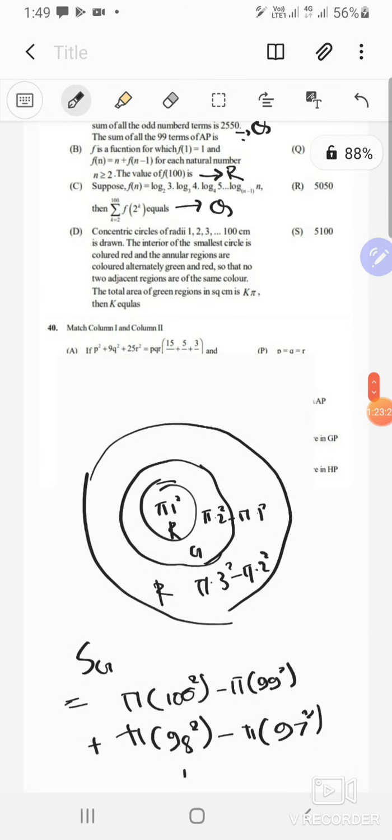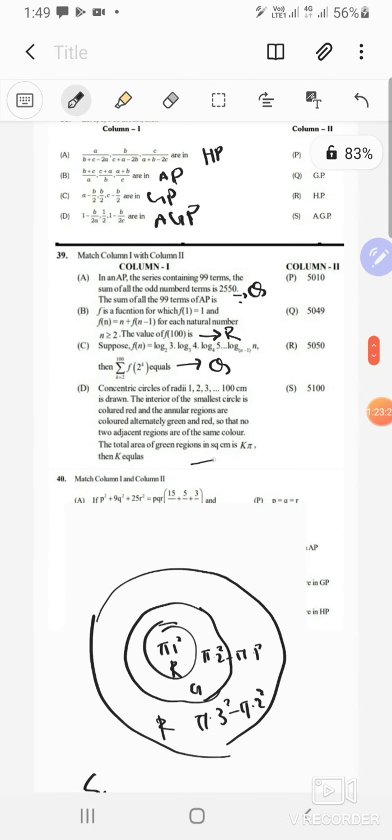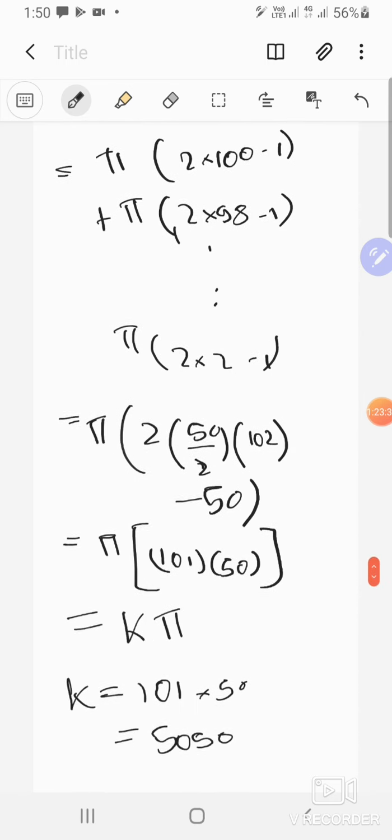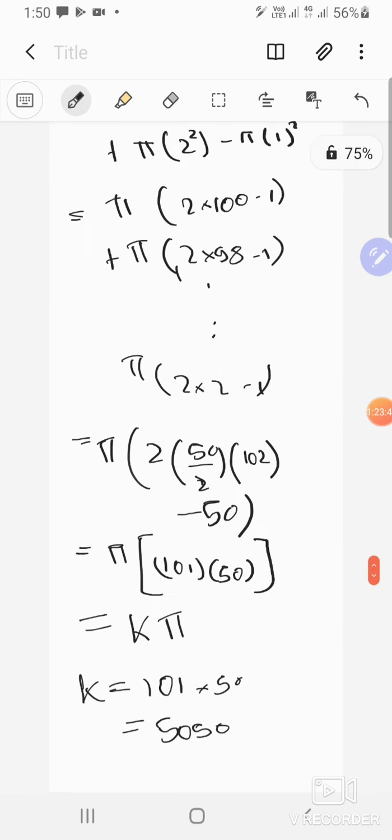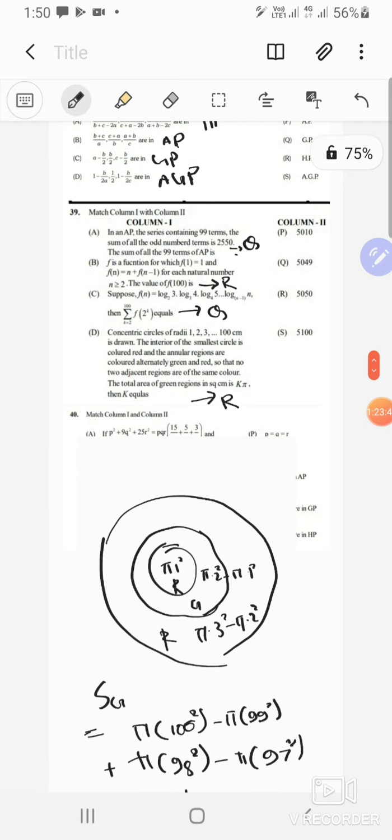So we got 5050 as the answer. But why is it like that? There has to be some kind of problem associated with it, but maybe I'm not doing it correctly.